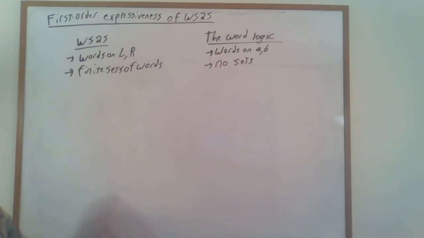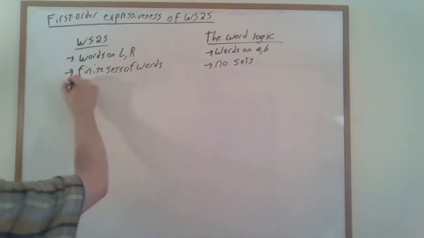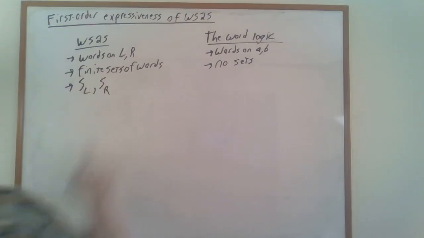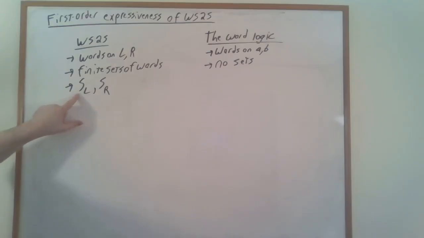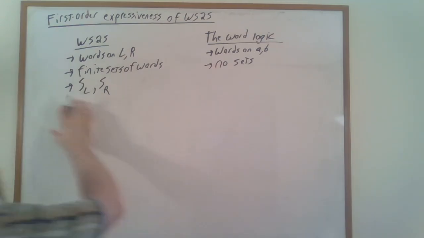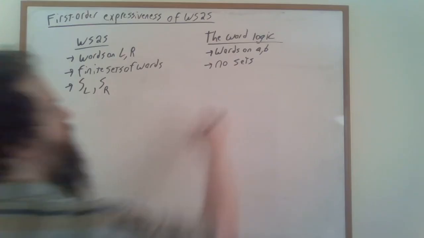But these logics do have a lot in common. In weak S2S, as primitive, we have the successor L and successor R operations on words, the operations that tack an L onto the end of a word and tack an R onto the end of a word. And over in the word logic, we also have similar successor operations.